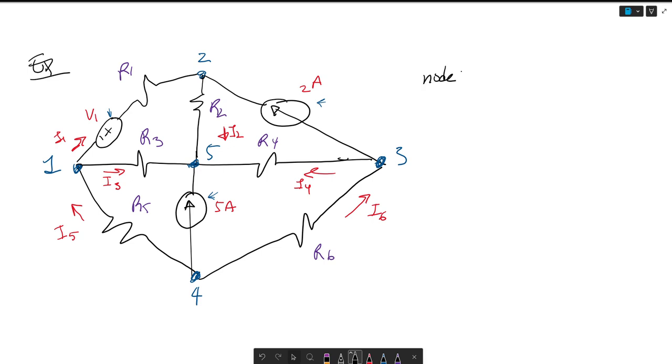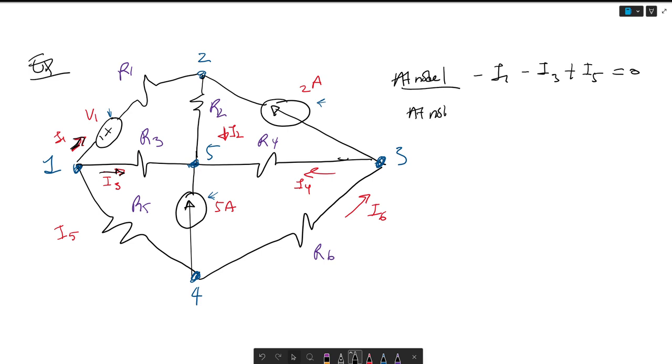Specifically for node 1, we can write a KCL, which says minus I1, because I1 is leaving the node, minus I3, because again I3 is leaving, plus I5, because I5 is entering, is equal to 0. This is at node 1.